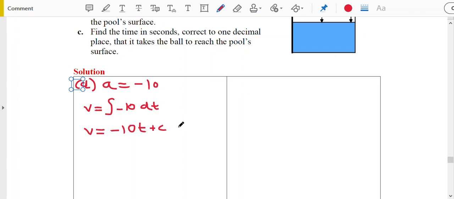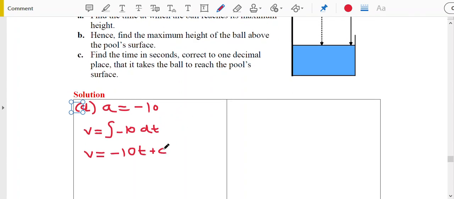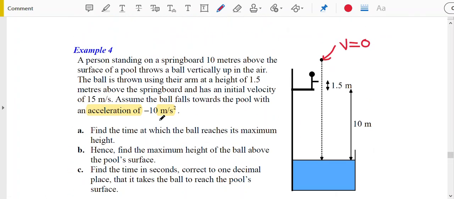Now the plus c, do I have some information that can calculate the plus c? I do, because this is all about velocity. Reading the question again, it says the ball was thrown with an initial velocity of 15 meters per second. So that actually means v equals 15 when t equals 0, right at the beginning. Initially means when t equals 0.